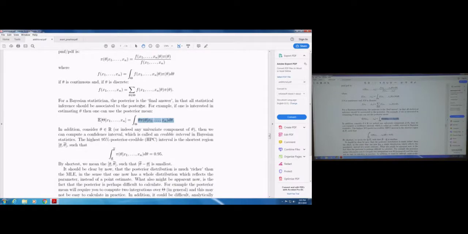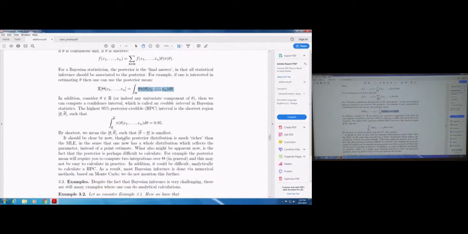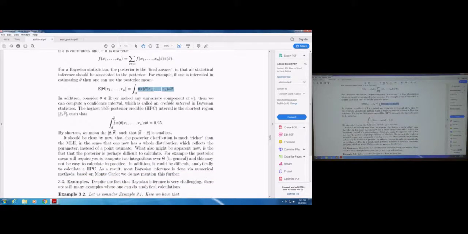And there are other things you could do. You could compute something called credible intervals, which are basically the Bayesian analog of confidence intervals. So the idea is that you try to find an interval, theta under bar, theta over bar, such that the probability that the parameter lies within this interval is 0.95, and there are some other things like the fact that this distance should be small and so on and so forth.